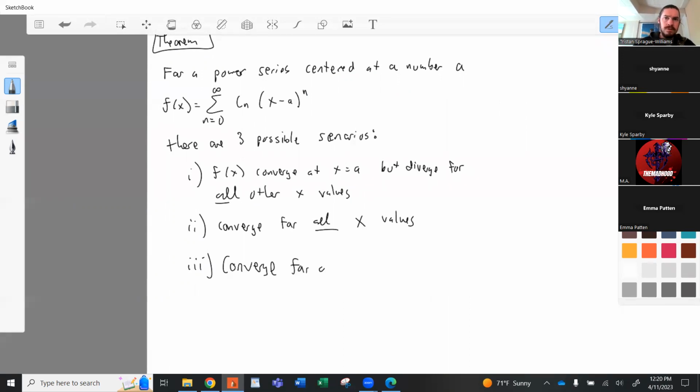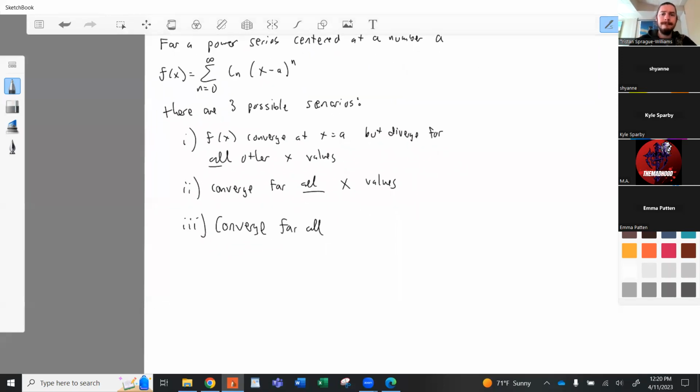Converge for all x within a distance called capital R, for radius, from a.